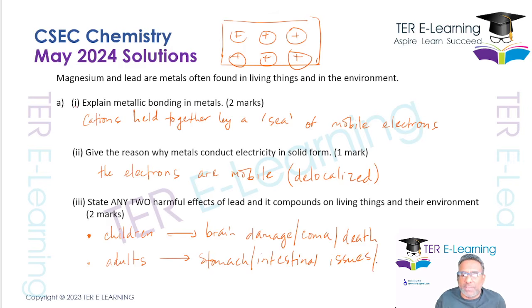Right? Things like colic, right? So the thing is, lead affects our central nervous system, right? That's what it does. It affects our central nervous system. So even in adults, some fingers could become paralyzed because of lead in our bodies, right? So any two harmful effects here, right? So this question can go either way here, right?